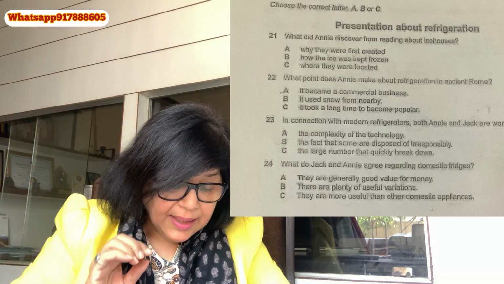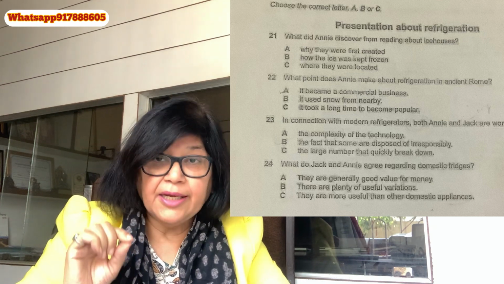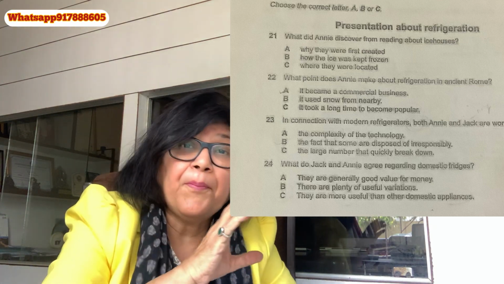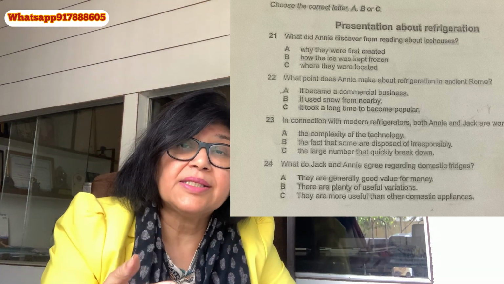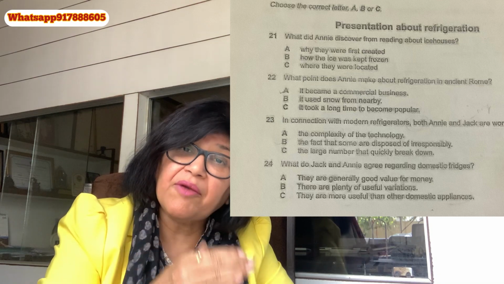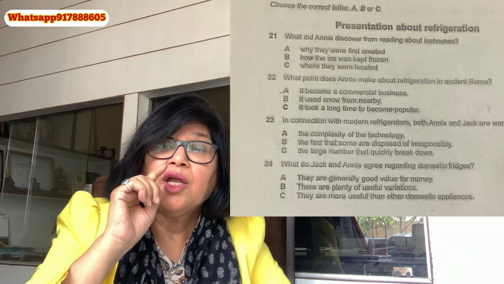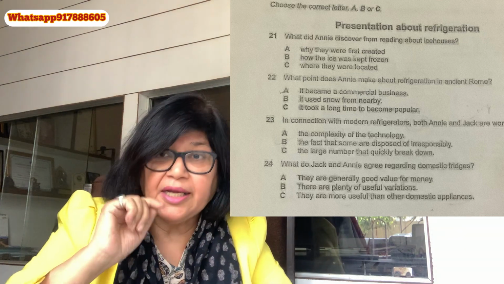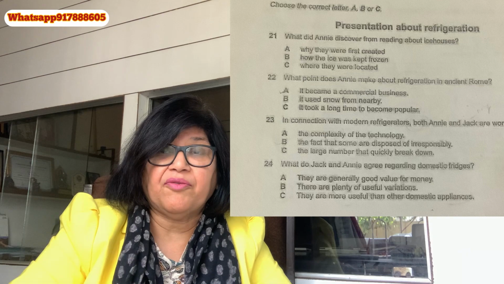Then they are more useful than other domestic appliances. There's a comparison between the domestic appliances, the others, and the refrigerators. And see, the adjective here is useful. That is the key word. Domestic, again it is an adjective.